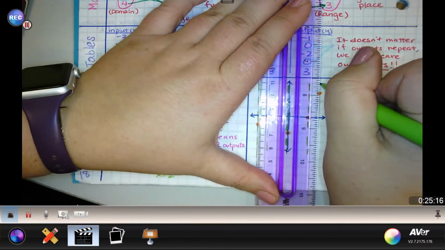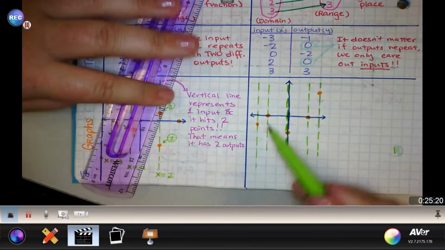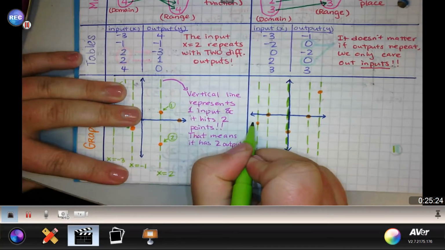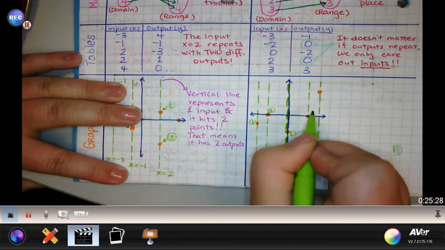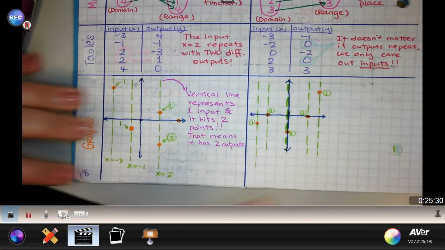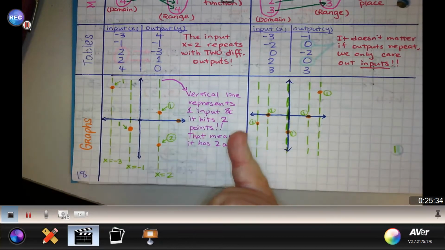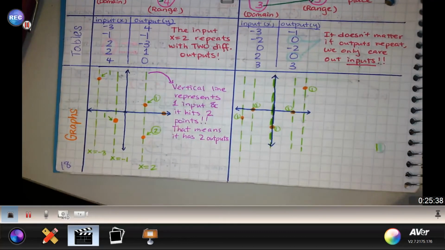So notice how every time I have an input, I drew a vertical line, and every single time it hits only in one place, one place, one place, one place, and one place. So every vertical line only crosses one point at a time, which means it has one output.